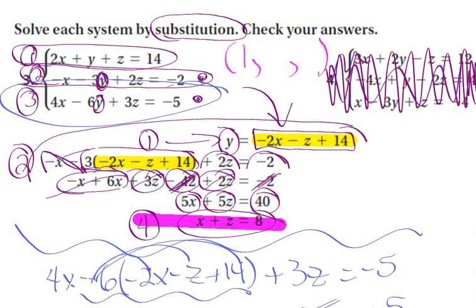Okay, so we learned earlier that y is equal to negative 2 times x, which is 1. So negative 2 times 1 is negative 2, minus z plus 14. So 14 minus 2 is 12.